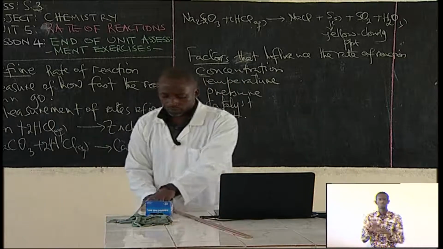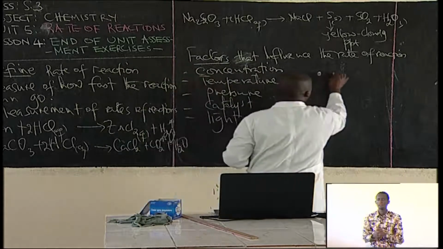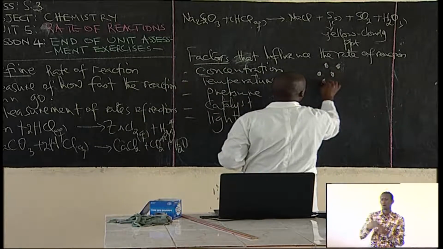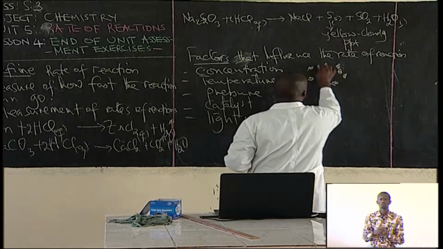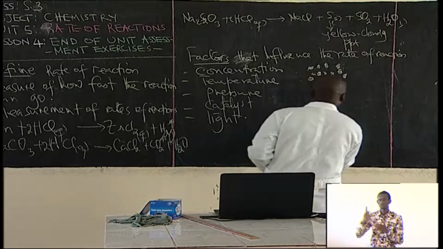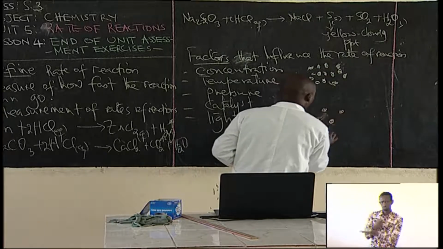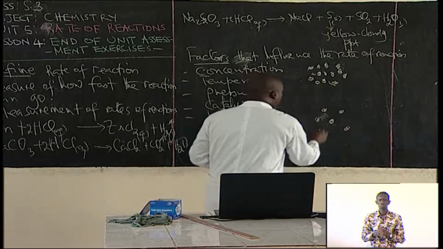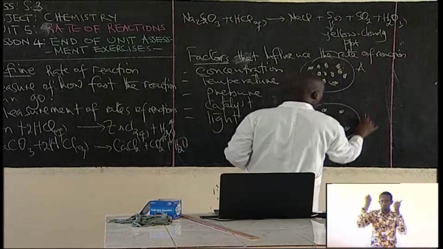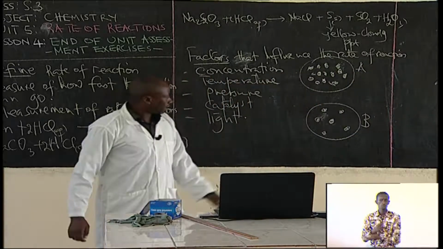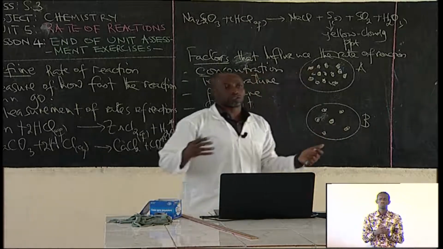For example, assuming these are particles together, the reacting particles, and then you compare them with this. So this is a certain solution, and this is another solution A, and this is another solution. These are particles within the solution. So here, there are more particles.